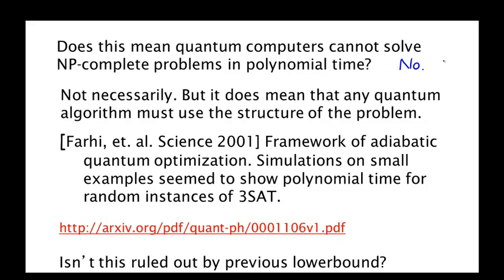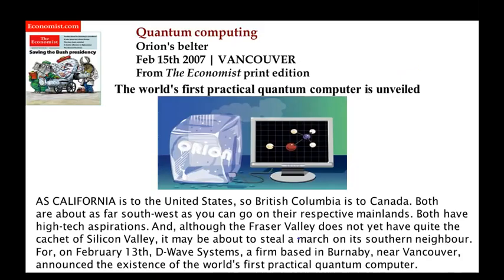They were unable to analyze this algorithm, but they ran simulations on small instances, of size n equal to 10 or 15. What they found very exciting is that these simulations were consistent with polynomial time solution. So here's a pointer to that paper. It's worth chasing up and reading.